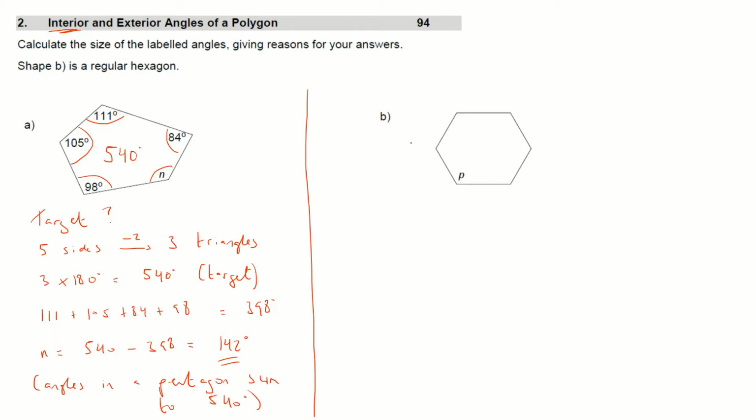Easy. Okay, then shape B looks weird, but shape B is a regular hexagon. Remember that if a polygon is regular, that means that all sides are equal and all the angles are equal as well.